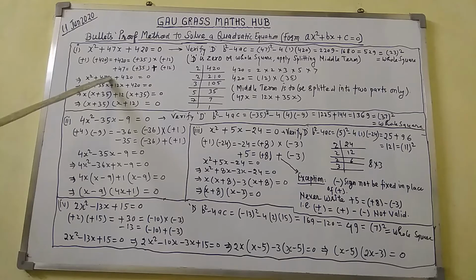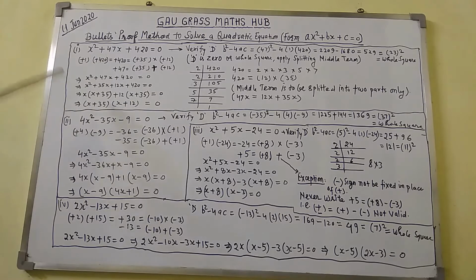Plus 47x will be split into 2 parts, and those parts will be taken from this place. Just suffix x here and here also x. So we will get 35x and 12x. That's why 47x has been split into 2 parts, 35x and 12x. That's why I have written plus 35x plus 12x plus 420 here.